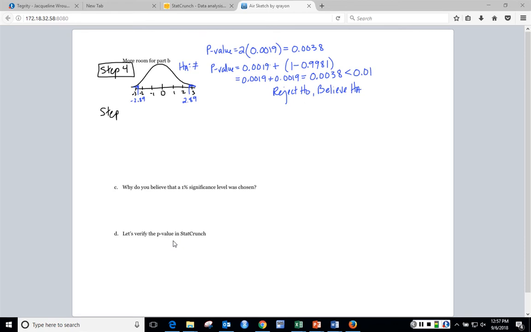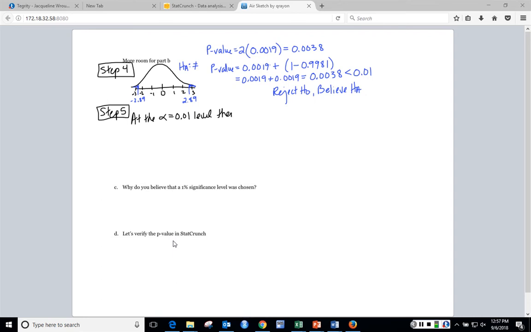So let's go through and write out step 5 to see why I'm actually going to add a little something extra here as well. So we're going to start with our alpha level of 0.01.